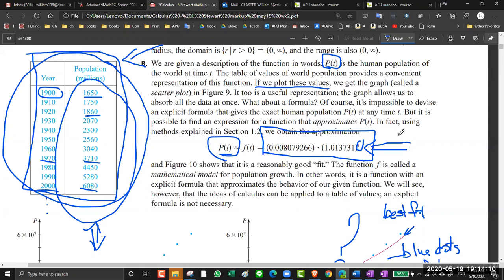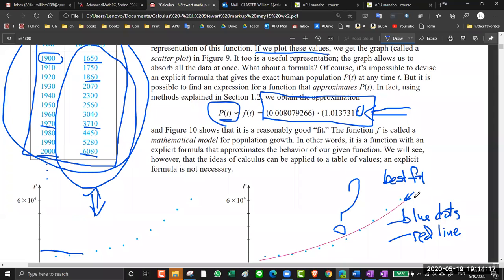So we might prefer to have this approximation, even though it's not exactly right, because we can use it to make predictions about what's going to happen in the future, or about what the population was in 1945, when we don't really know. We only know 1940 and 1950, but we could use the formula to make a guess. Okay, any questions about that?